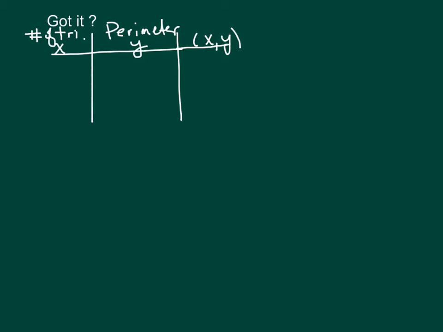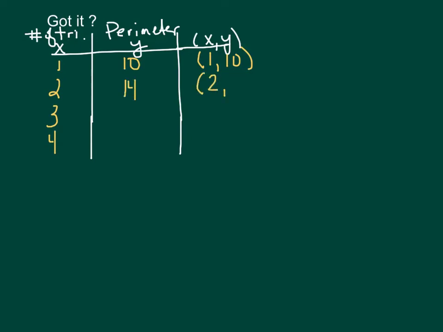So how many triangles do we have? We have 4. So we're going to put 1, 2, 3, 4. What's the perimeter of the first triangle? 3 plus 3 plus 4, that'd be 10. So our ordered pair will be 1, 10. The next ordered pair, well, let's figure out what the second shape is. So the second shape has a perimeter of what? 14.